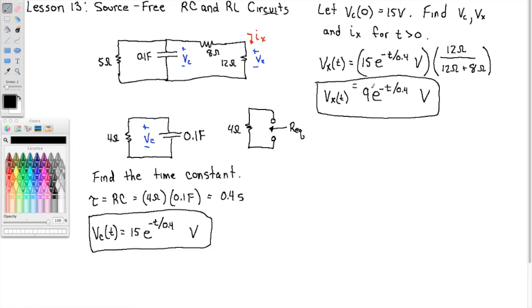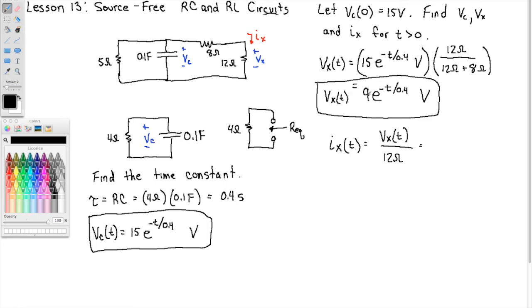Good. So we have the voltage across this resistor. To get the current through that resistor, we can use good old Ohm's law. I is V over R, so in this case that's Vx of t over 12 ohms, right?